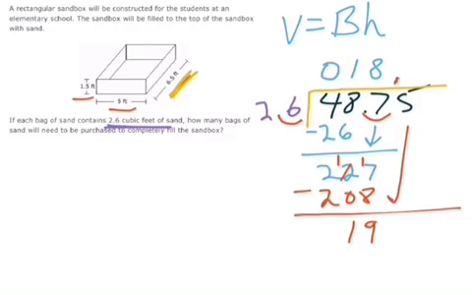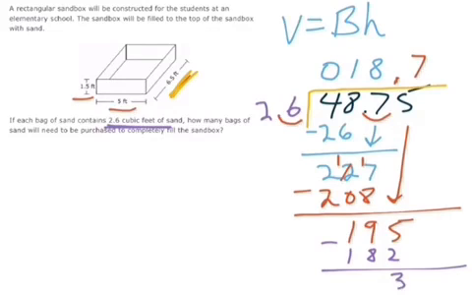And now I got to bring down this 5 right here and have 195. Now, how many times does 26 go into 195? Well, it went 8 times into 227, so that means it's going to go 7 times into 195, because that's pretty close. And 26 times 7 is 182. Then we subtract.